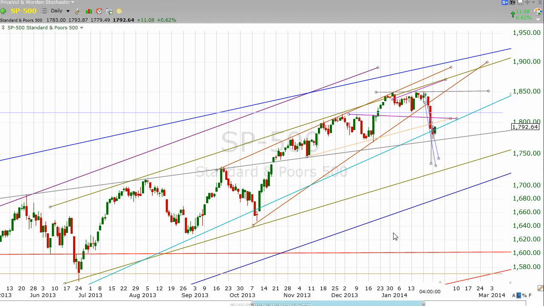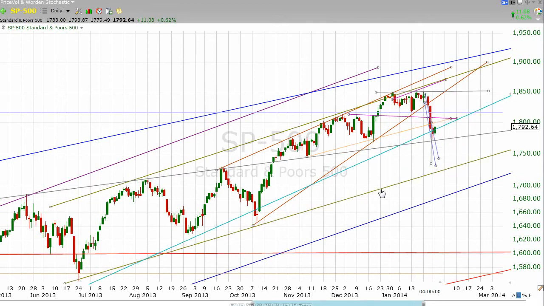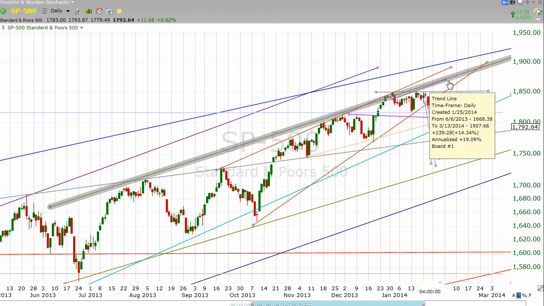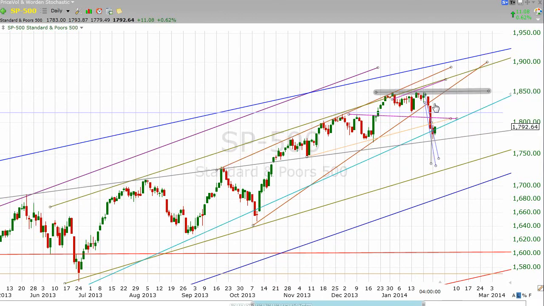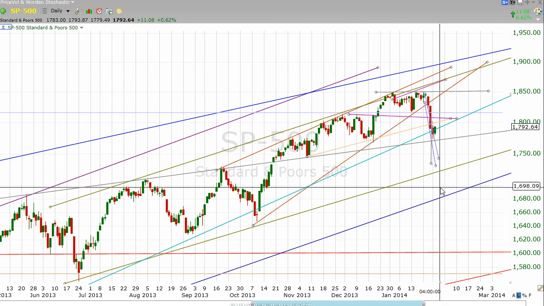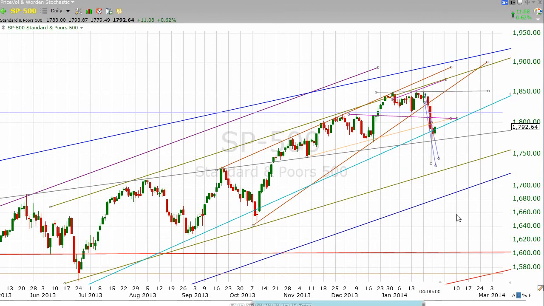Now, one other thing I want to do here real quickly, I talked about the potential of us being in a rising wedge, and that wedge broke down. And remember, we also talked about the fact that sometimes you will get a wedge pattern that takes you from a support area up to a resistance area, and then when you break down, instead of getting the full move back down to where the wedge began, which in this case would be in the mid 1600s.